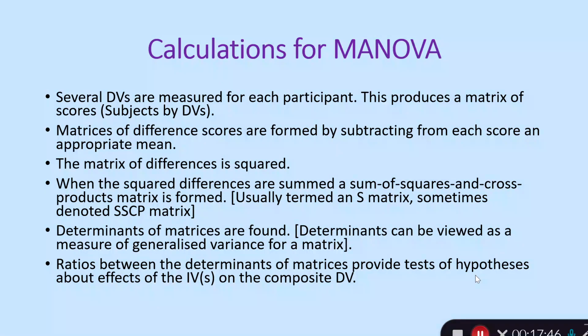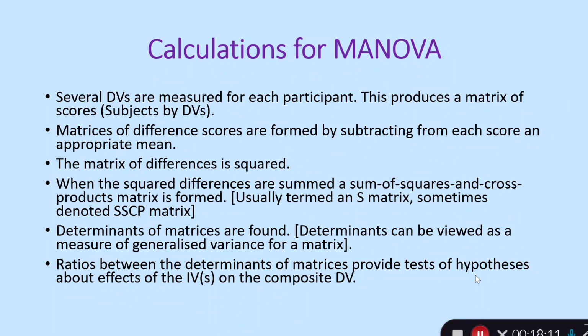So think back to ANOVA or factorial ANOVA. Once we had our measures of variance for the total variance, the group variance, and the error variance, these were called mean squares in ANOVA: the mean square for the groups and the mean square for the error.